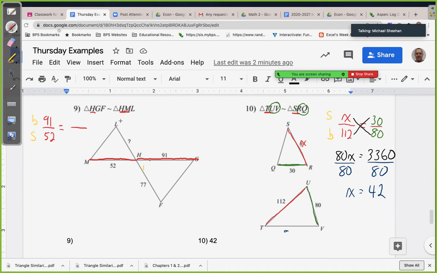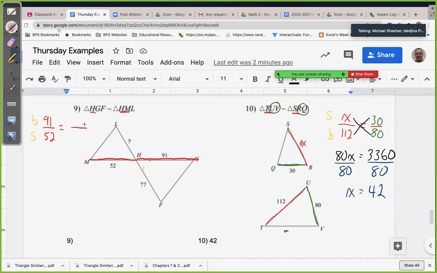Now, Lizzie Bett, what do I have to put up top here? What has to go up top? Maybe you can help her out.